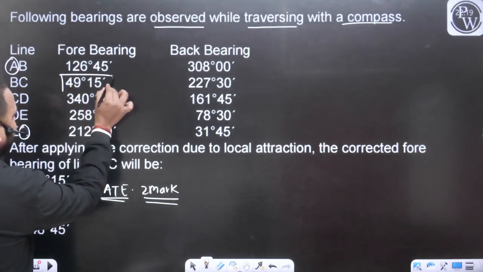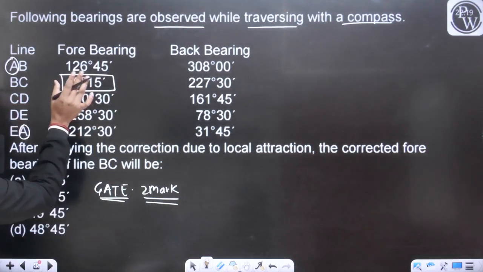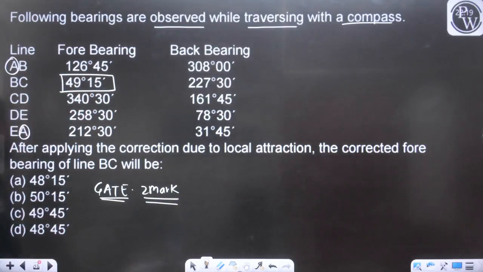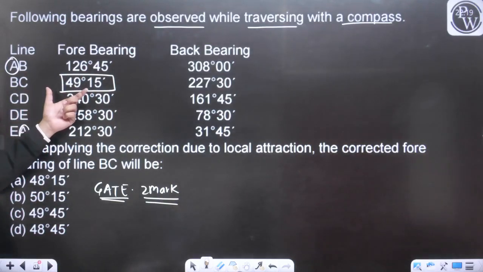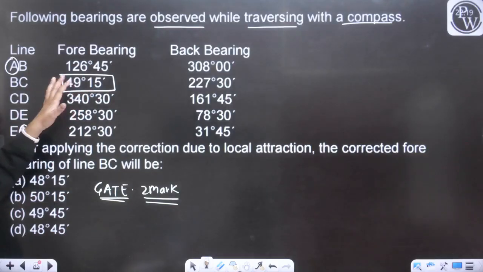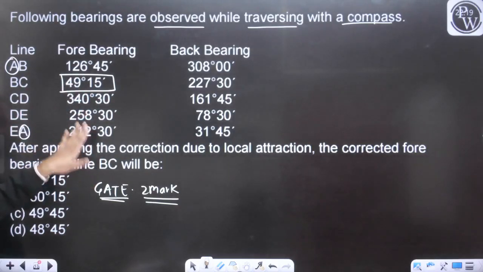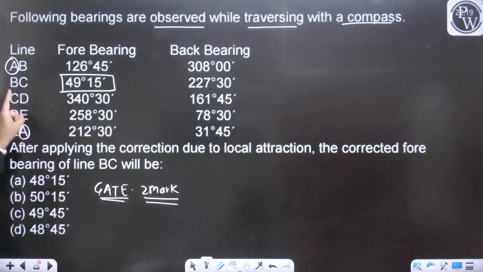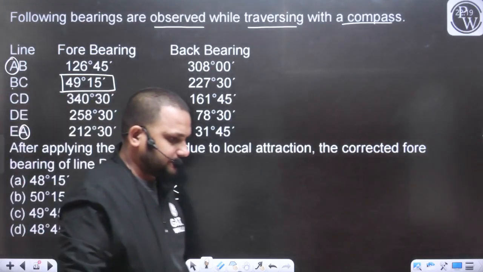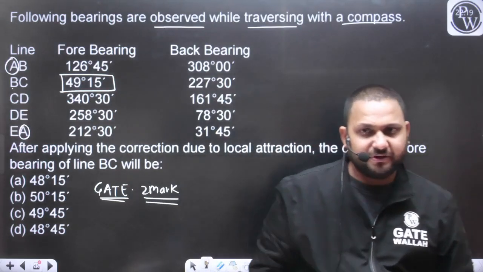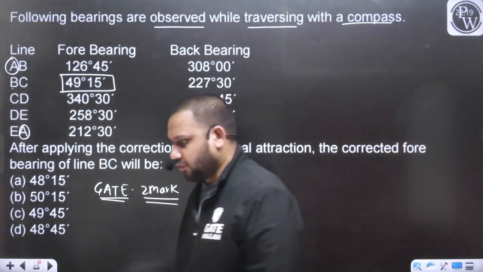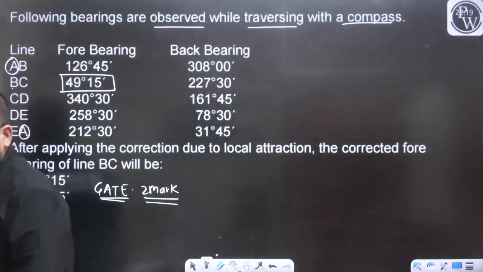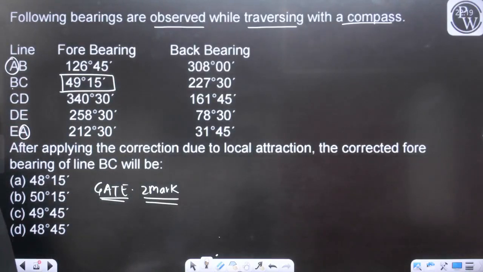You need to find the correct value of this bearing. This bearing is incorrect. You need to apply the correction, and tell what will be the correct fore bearing of the line BC. Is the question clear to everyone?